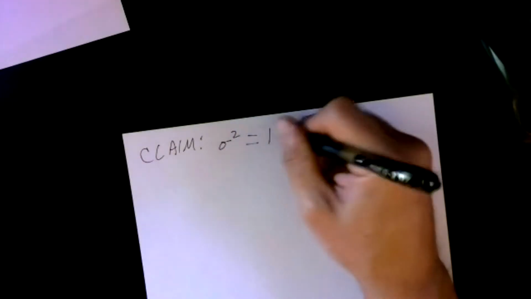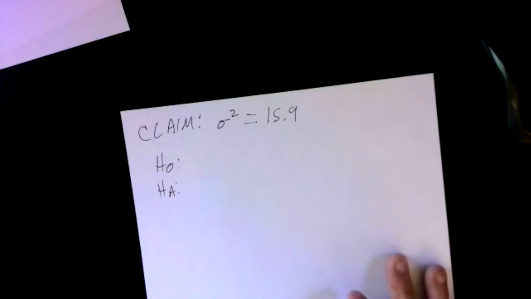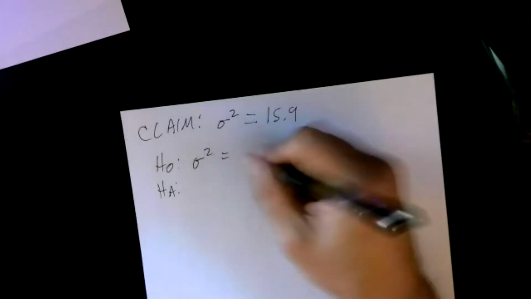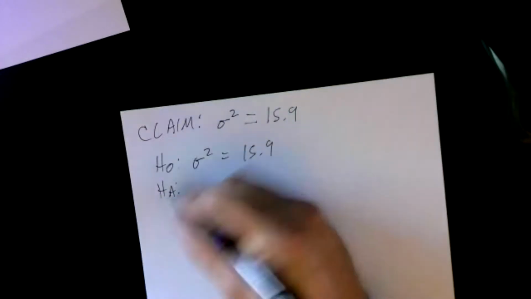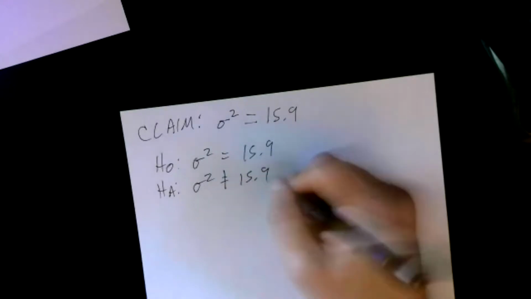So the sporting goods manufacturer claims the variance is equal to 15.9. State the hypotheses. The claim contains equality, so it goes in the null hypothesis. The alternative will be not equal to.